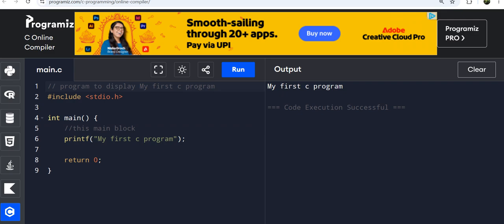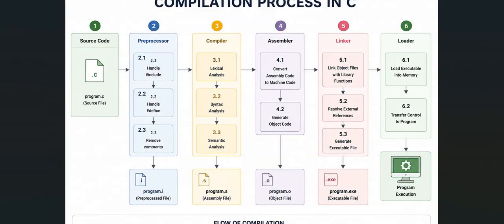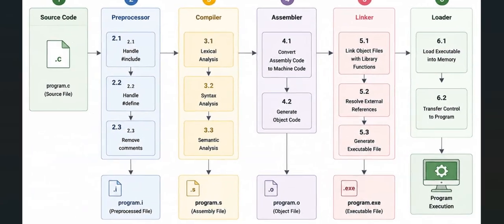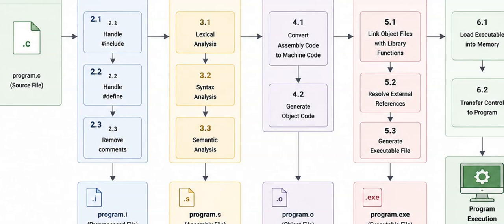Why is there no change? That is explained by this. In the preprocessor, it handles both hash include and hash define. In addition to this, it helps in removing these comments. Before the code even reaches compilation, these comments are removed by the preprocessor.